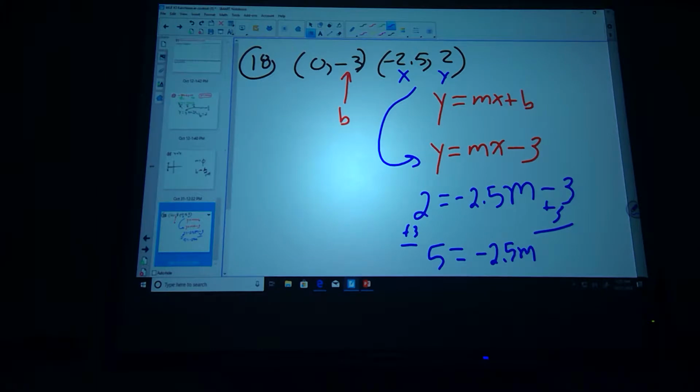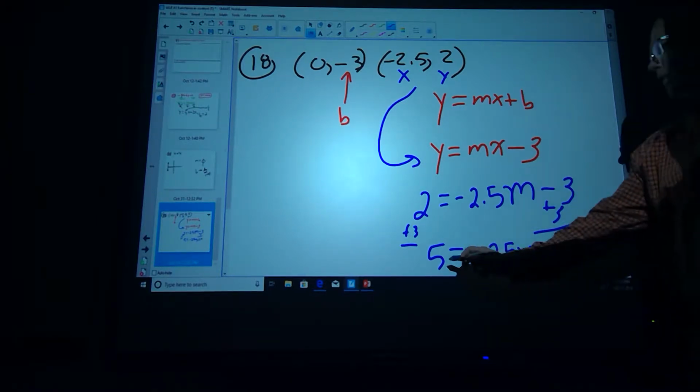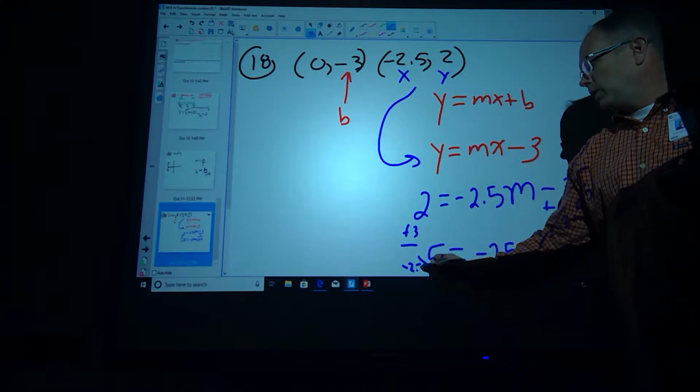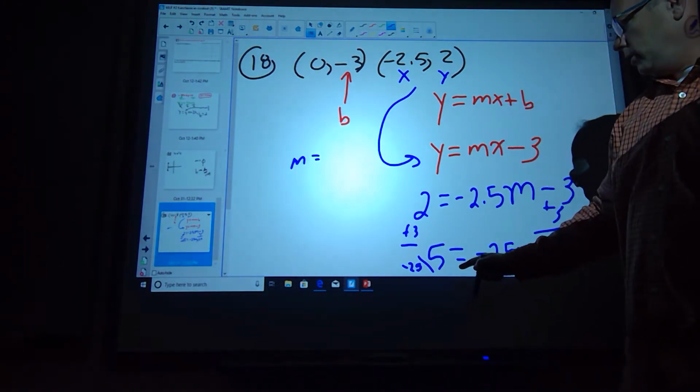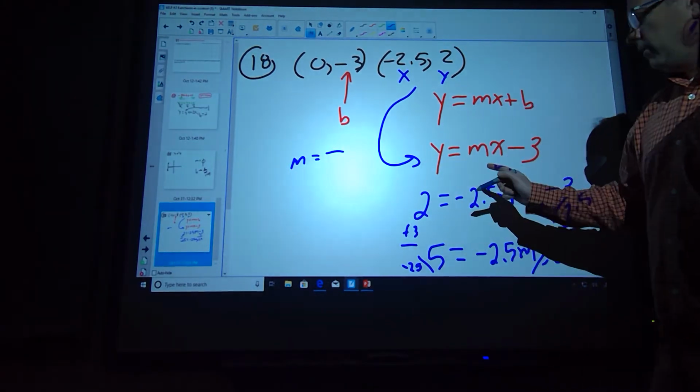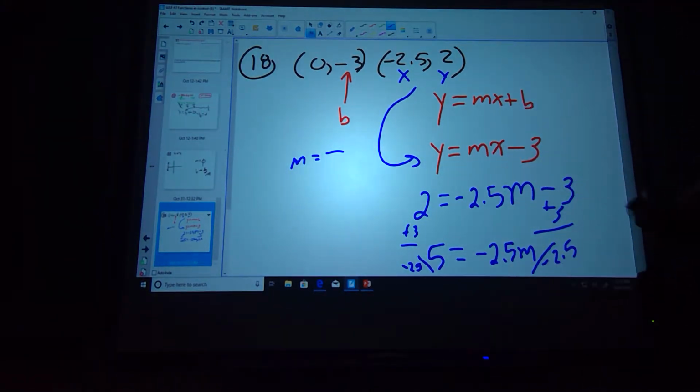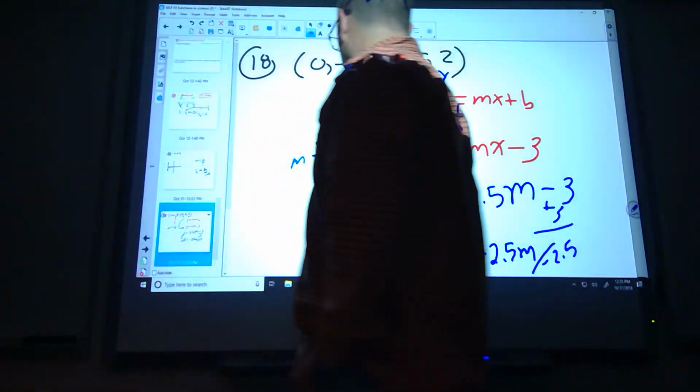How are negative 2.5 and m being held together? Multiplication. What undoes multiplication? Division. So m is equal to negative 5 over 2.5, or 50 over 25. It's got to be negative 2.